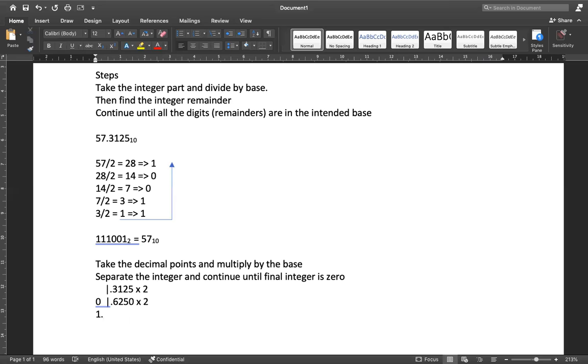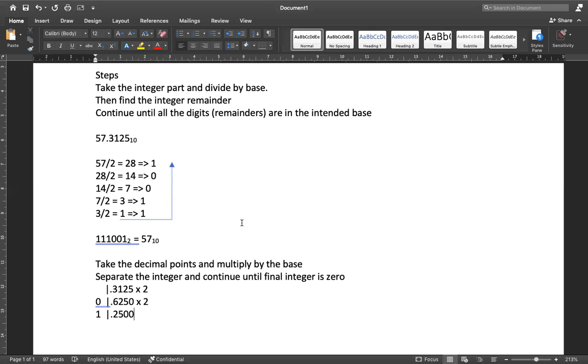So zeros at the end will not affect the value, because that is a decimal fractional part. You can write any number of zeros, and that will not increase or change the value. So don't worry about padding zeros.